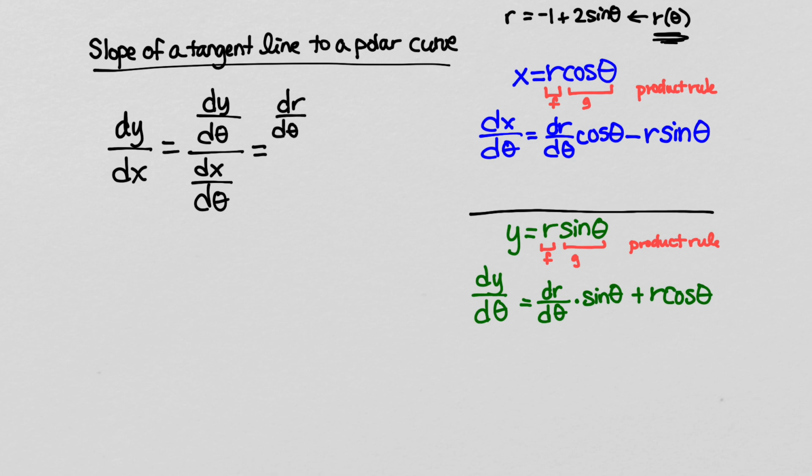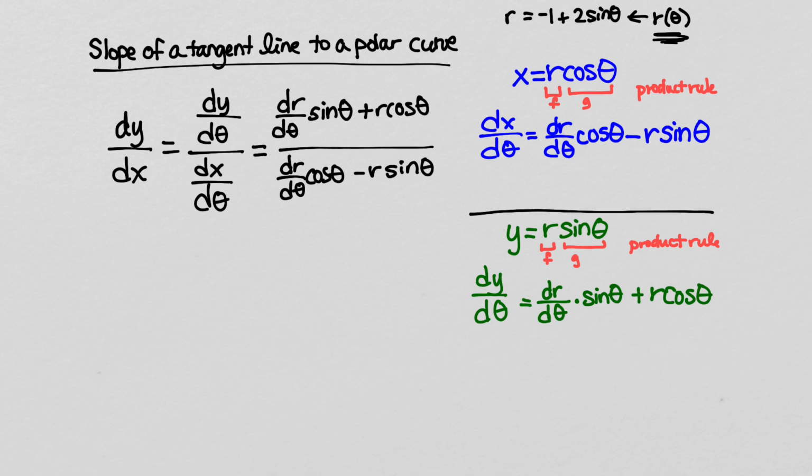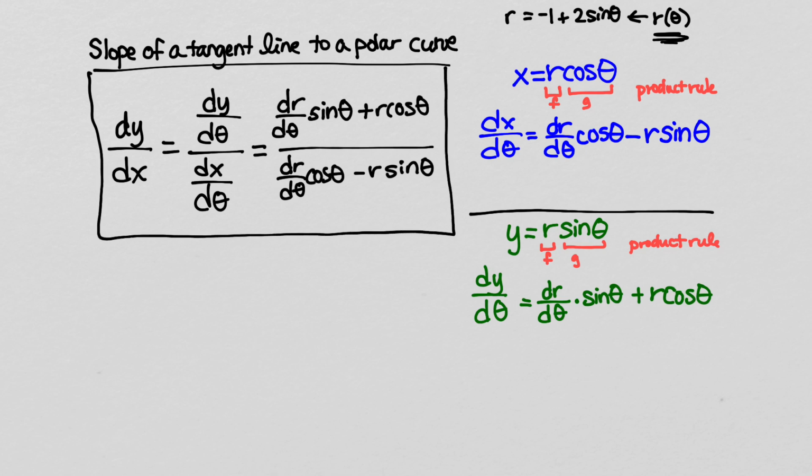So you have to use this formula: dr d theta sine theta plus r cos theta, divided by dr d theta cos theta minus r sine theta. This right here is the formula for finding the slope of a tangent line to any polar curve.